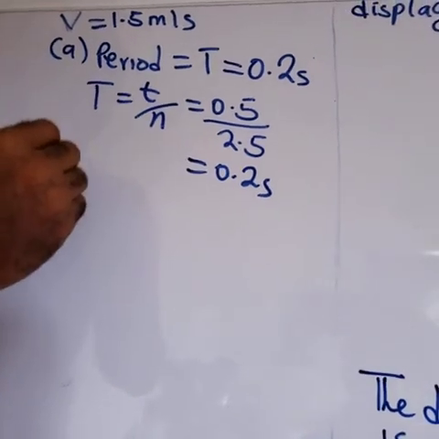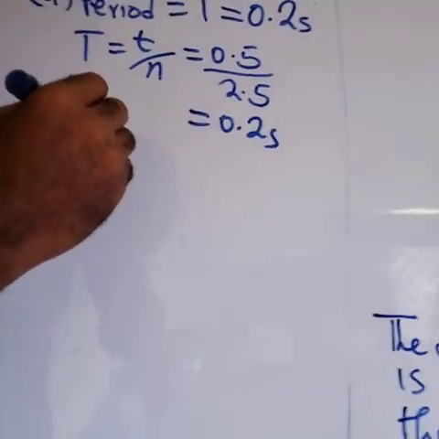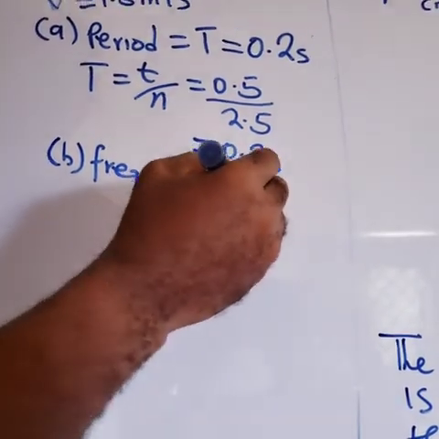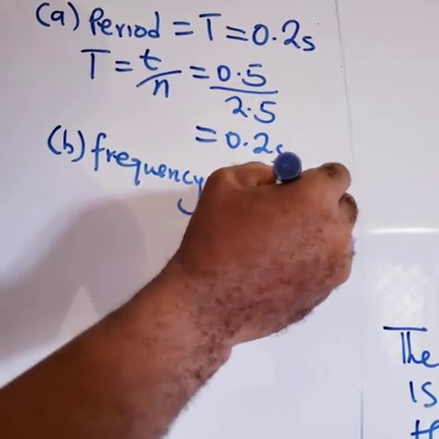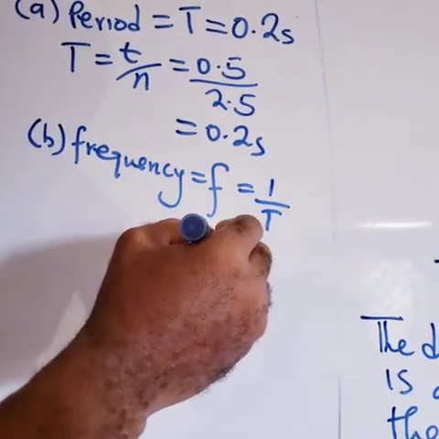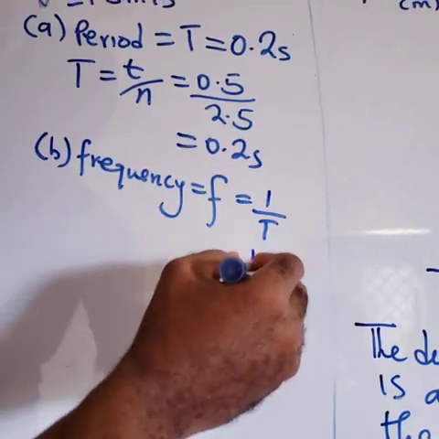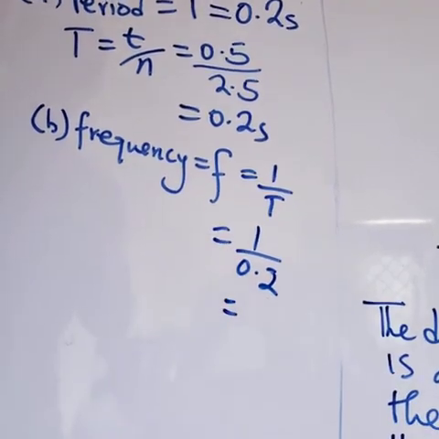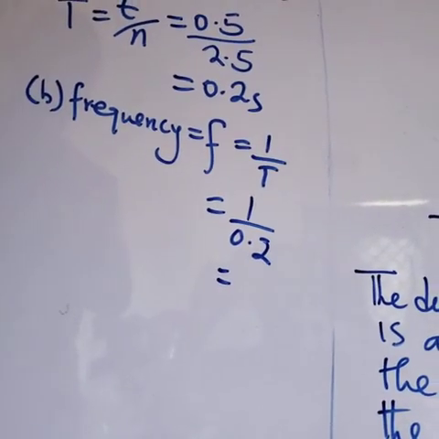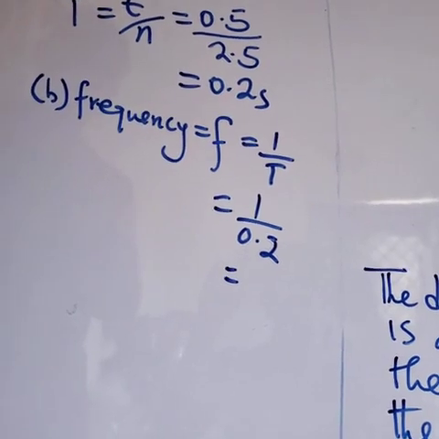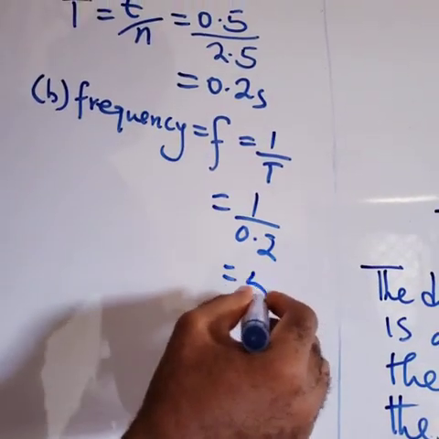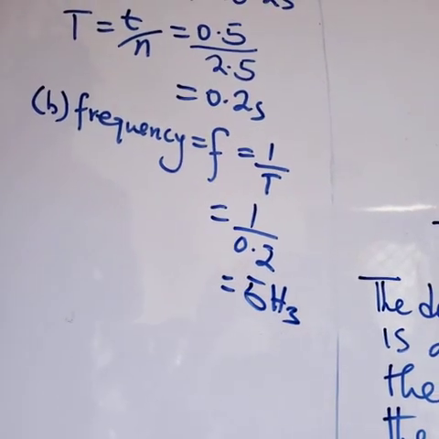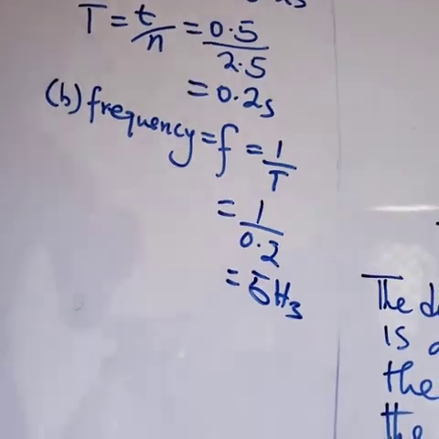Now, the second question says frequency. Frequency, the symbol is small f, and the formula is 1 over period. Since our period is 0.2, just divide 1 by 0.2. So 1 divided by 0.2, that is 5 hertz. That is the frequency. Now, how do we get wavelength?